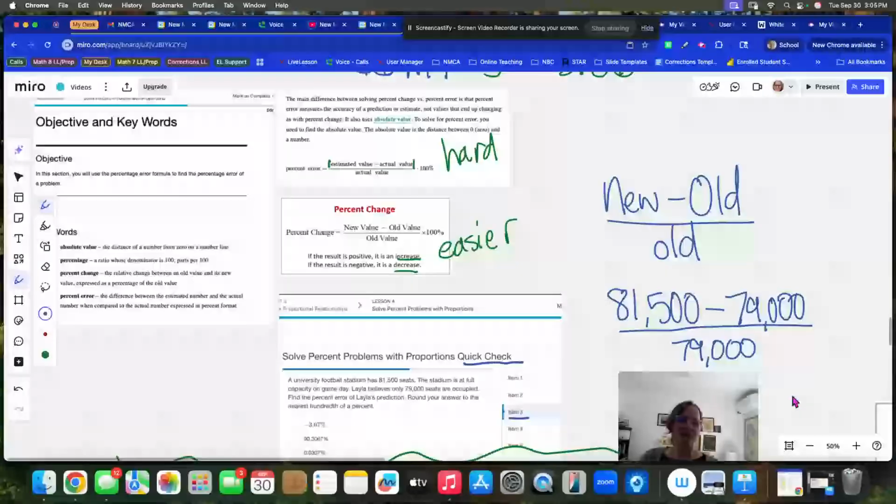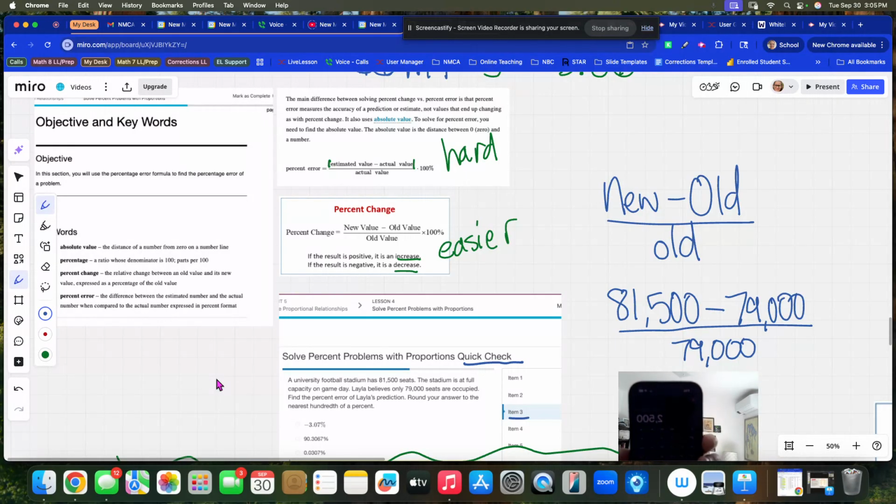Okay, and then what we can do here is subtract. I can use a calculator, that's fine. 81,500 minus 79,000 equals 2,500. So that's how big her mistake was. She was off by 2,500. That's my new numerator.